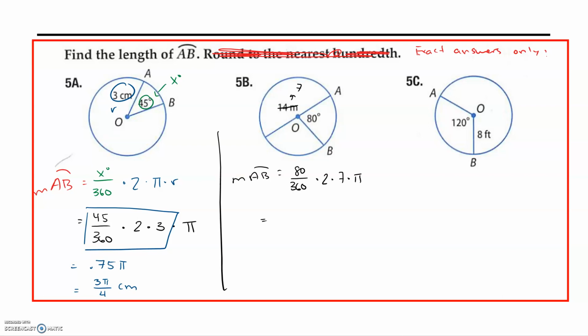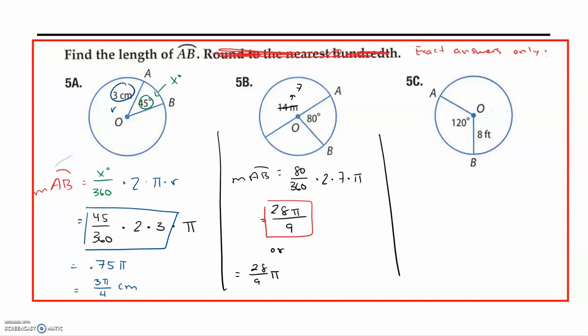Go to our old calculator. 80 divided by 360 times 2 times 7. 3.11111. Don't like that. Change that to a fraction. I'm getting 28 pi over 9. Or you could write it as 28 over 9 pi, whichever one you're more comfortable with. This is the one you should get used to when leaving your answers in terms of pi.